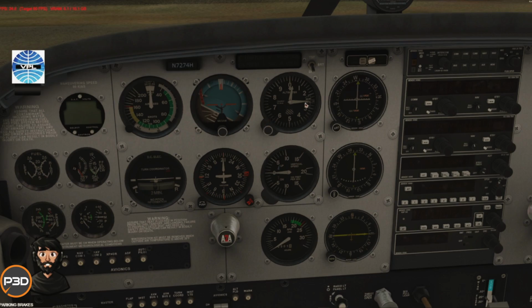Once you understand what these 6 do, then A, you can fly any aircraft, but B, it puts you in a pinpoint position in a 3D environment where you can understand where you are and what your plane is doing, and helps you to be a better pilot. So let's get started.